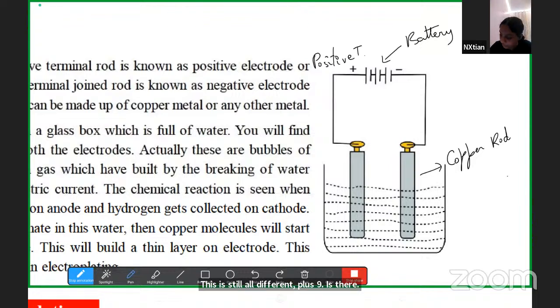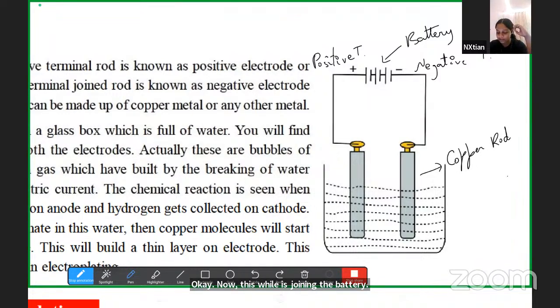And where the negative sign is there is known as the negative terminal. Now, can you see a thin wire that is joining the battery with the copper rods? This wire is joining the battery with the copper rods.